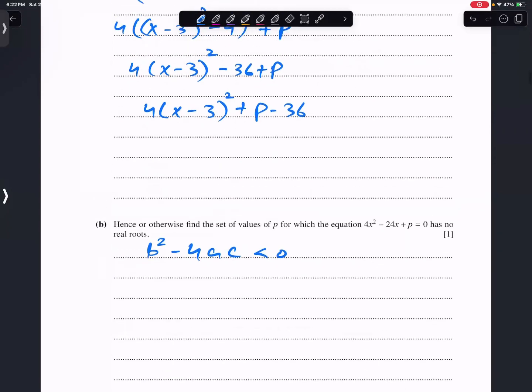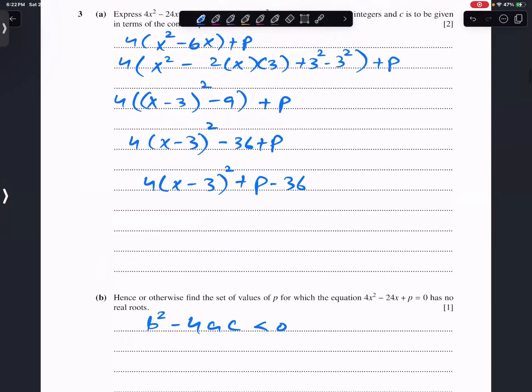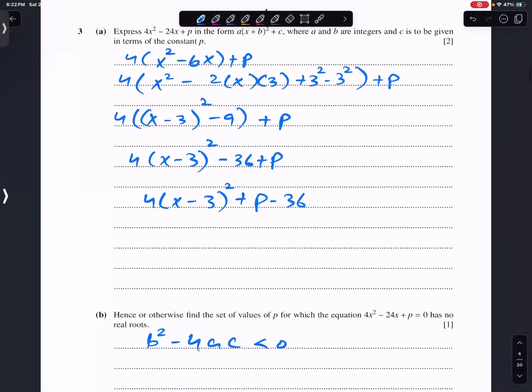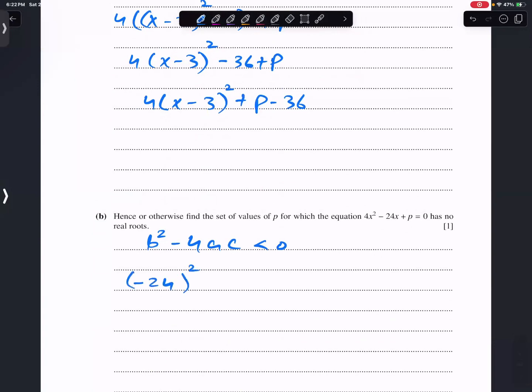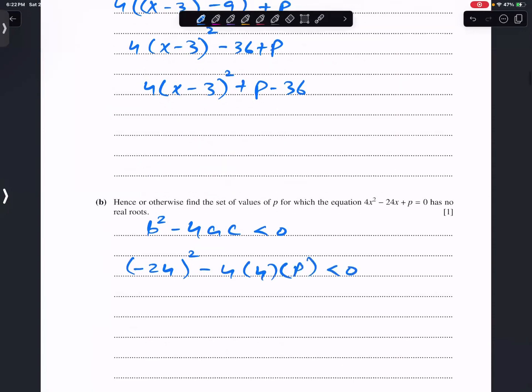So b is minus 24, so 24 square minus 4, a is 4 and c is p, less than 0.